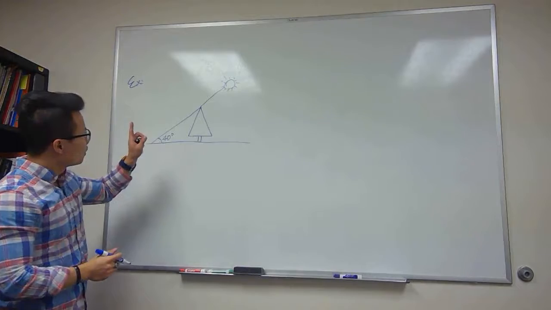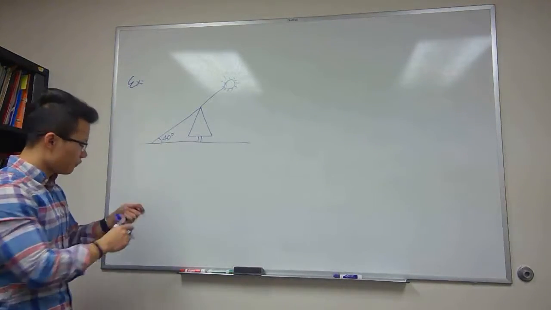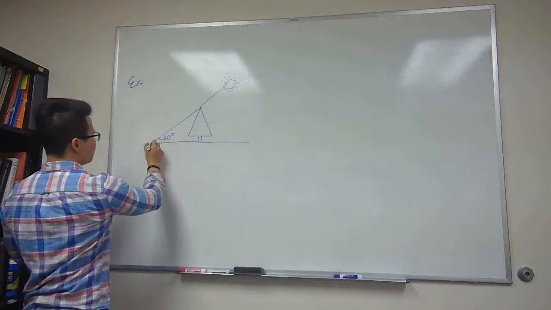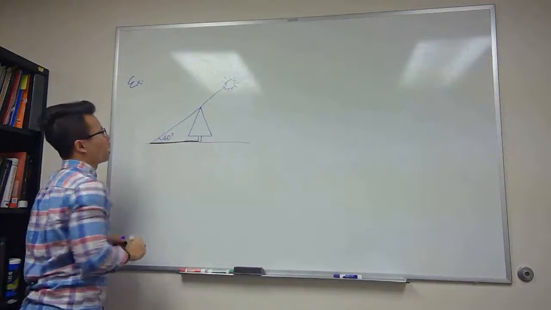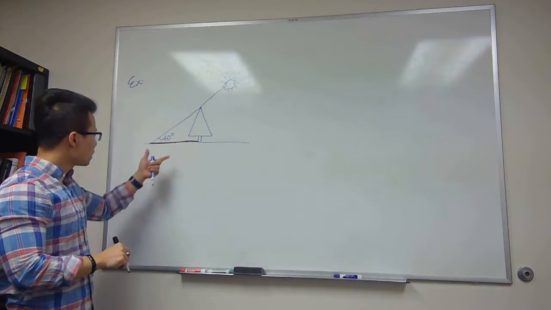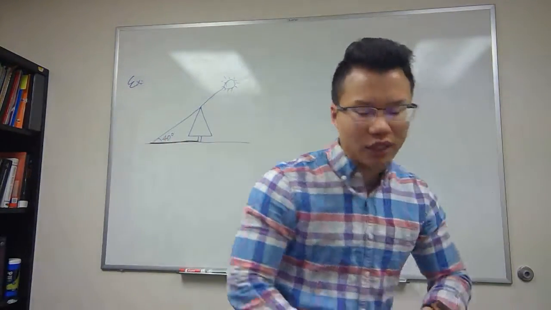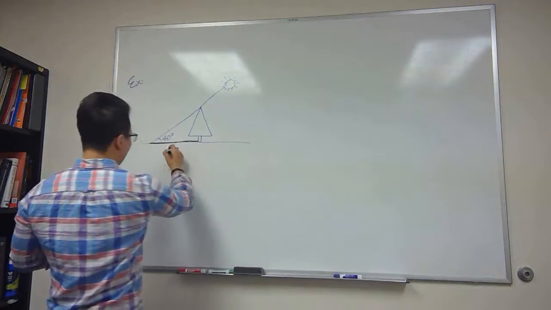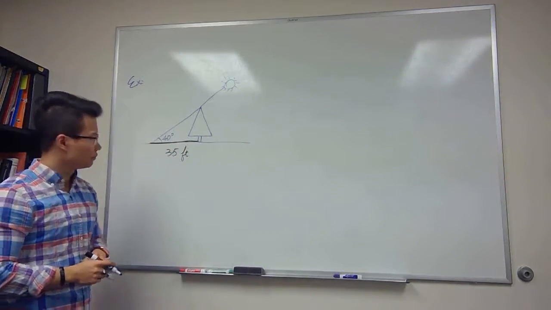Luckily, the sun hits the tree and gives a very nice shadow. That is the shadow created by the sun, and we can measure it. This shadow is 35 feet long from the tree.